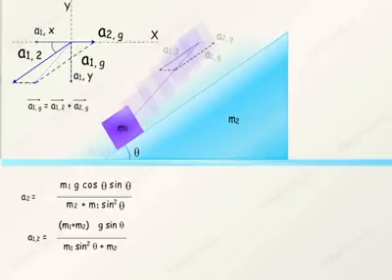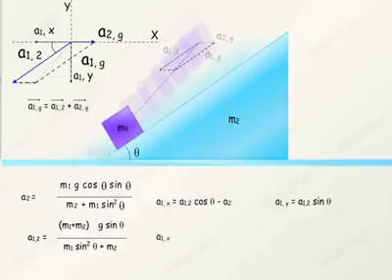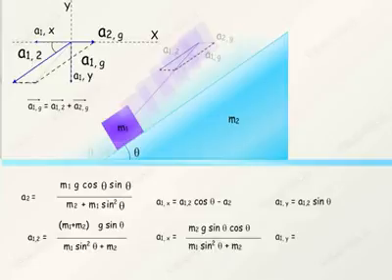Resolving A12 into components, we have A1x is equal to A12 cos theta minus A2, and A1y is equal to A12 into sin theta. Therefore A1x is equal to M2G sin theta cos theta divided by M1 sin square theta plus M2, and A1y is equal to M1 plus M2 into G sin square theta divided by M1 sin square theta plus M2.